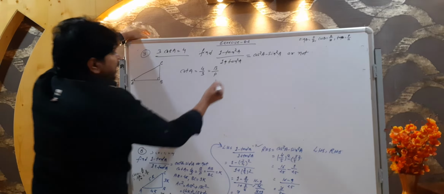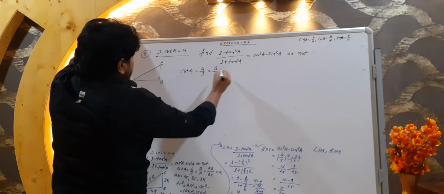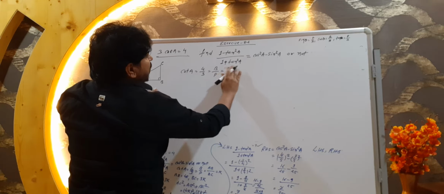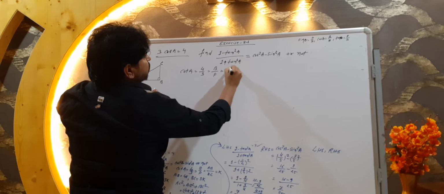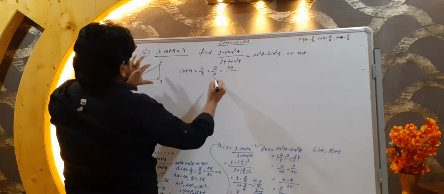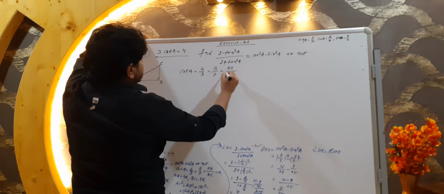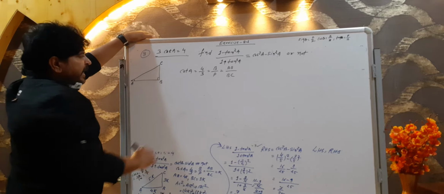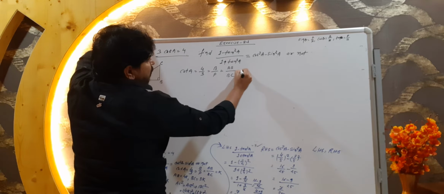Look, what is the base here? AB. And what is the perpendicular here? That is BC.